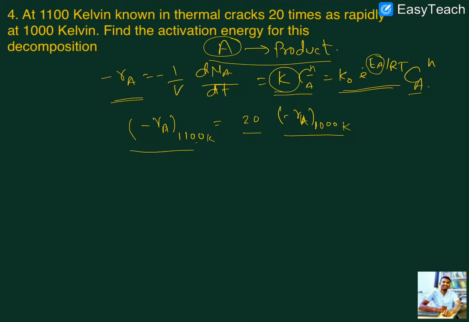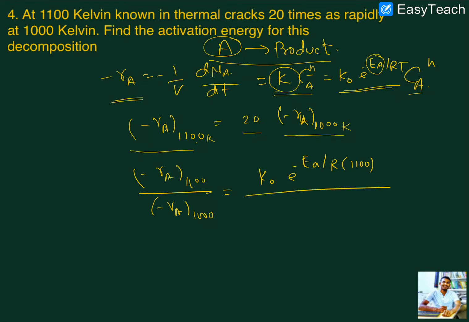So if we use this formula, we can write minus r_A at 1100 divided by minus r_A at 1000. What will be the difference? The activation energy is going to be the same. Here it will be 1100, C_A raised to the power n, and here it will be e to the power minus E_A over R into 1000, and C_A raised to the power n. So this will get cancelled, and this will also get cancelled.